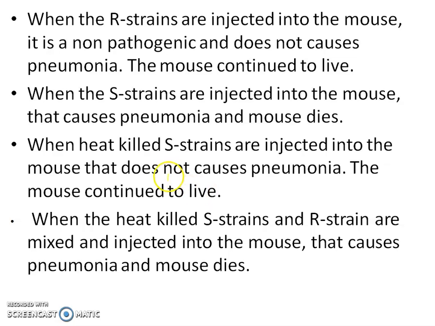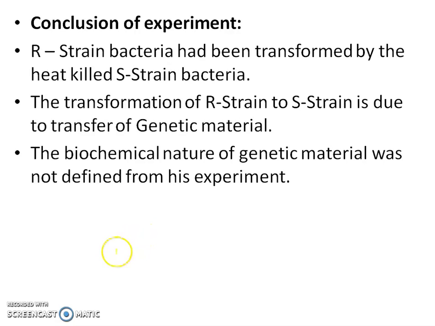When the R strains are injected into the mouse, it is non-pathogenic. When the heat-killed S strain and R strain are mixed and injected, that caused pneumonia and the mouse died. The conclusion was that R strain bacteria had been transformed by the heat-killed S strain bacteria.